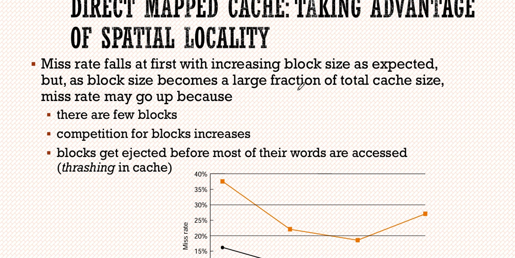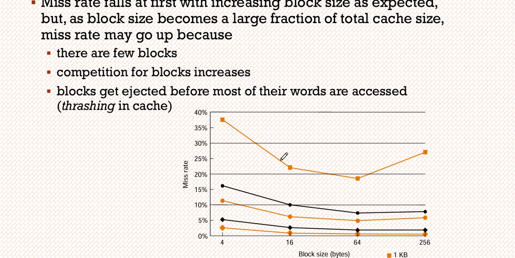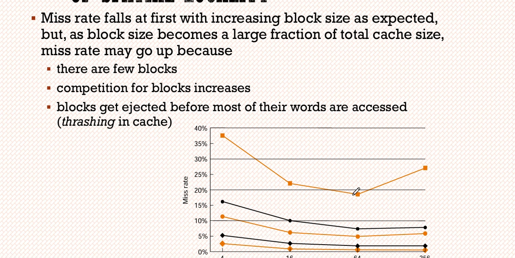But as block size becomes a large fraction of the total cache size, the miss rate may go up. What it's saying is that initially, when you start increasing the block size in your cache, because you are taking advantage of spatial locality, the miss rate will fall. However, it will not fall forever.